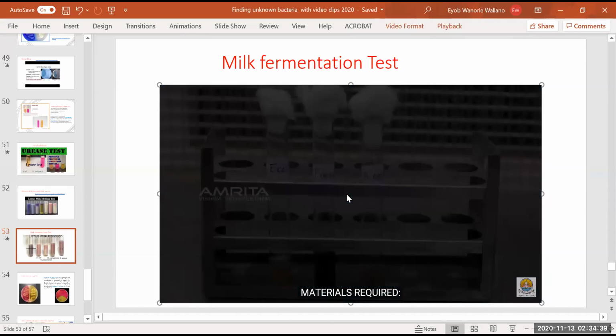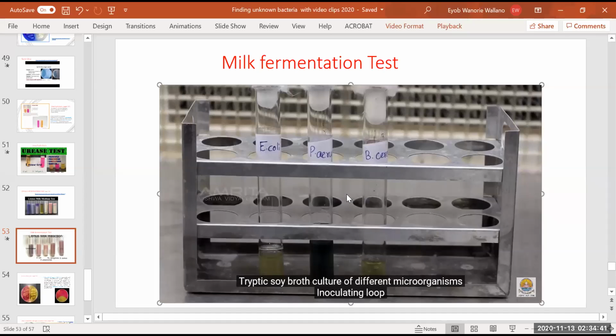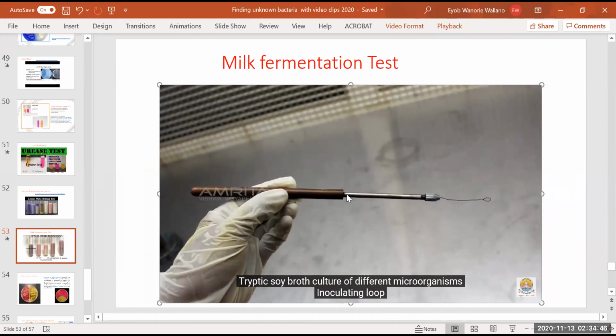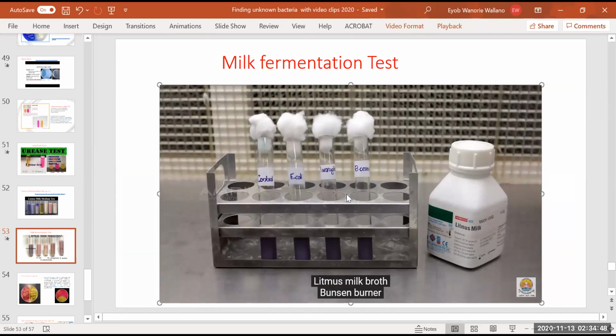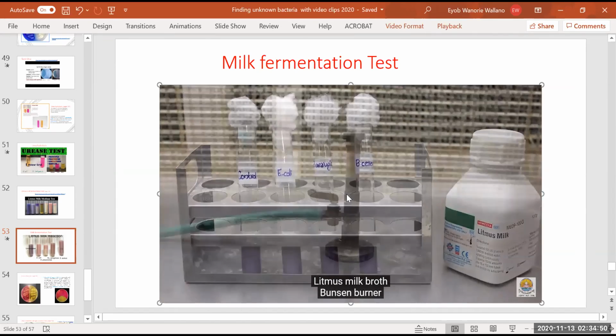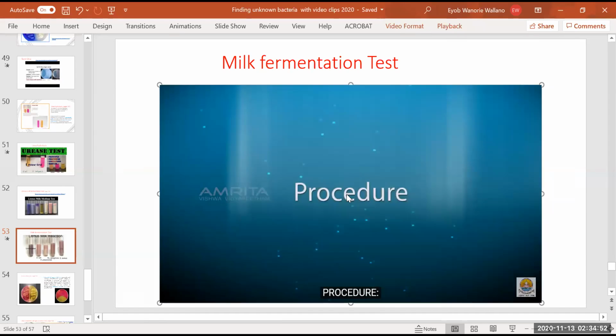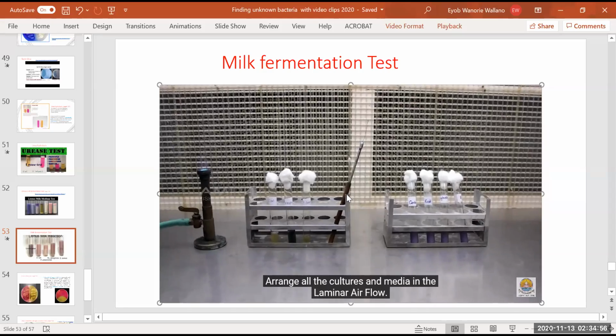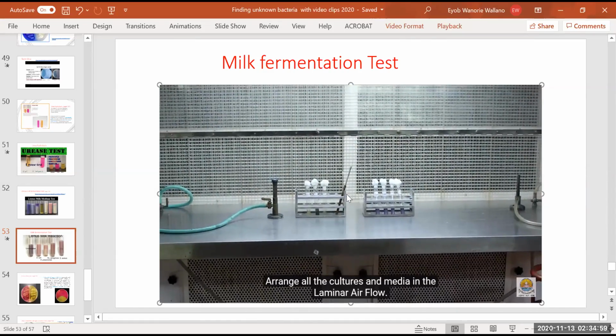Materials required: tryptic soy broth culture of different microorganisms, inoculating loop, litmus milk broth, Bunsen burner. Procedure: arrange all the cultures and media in the laminar airflow.